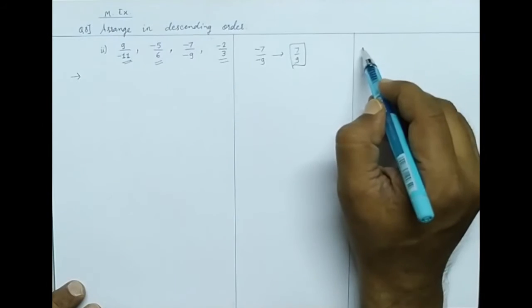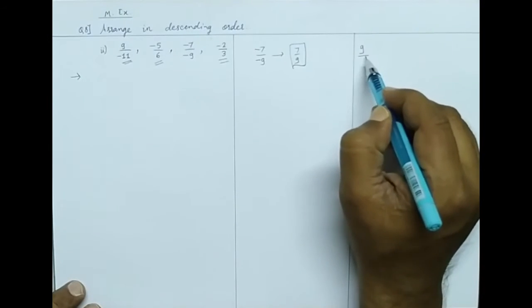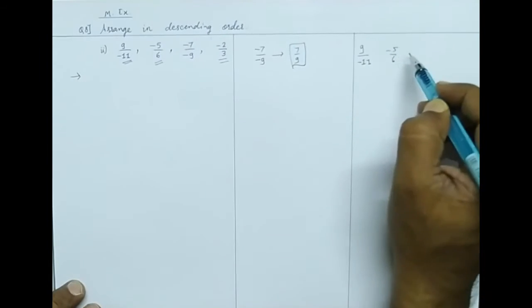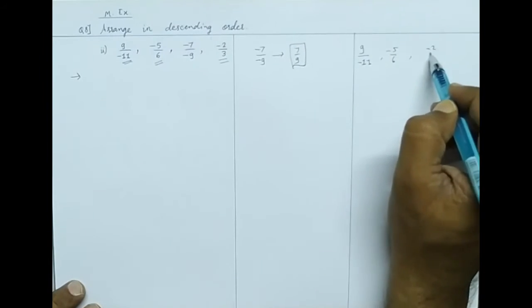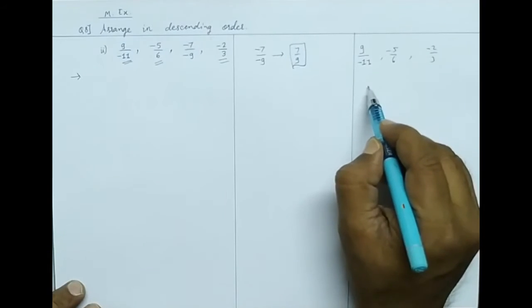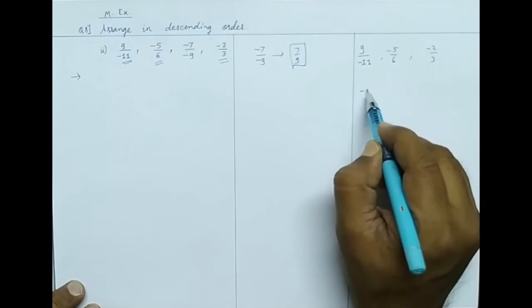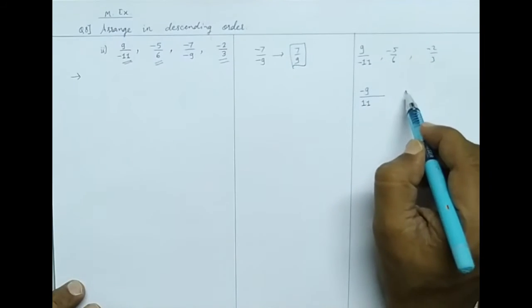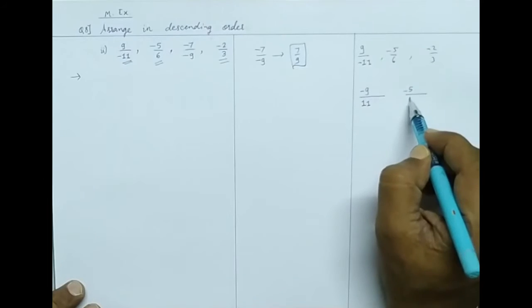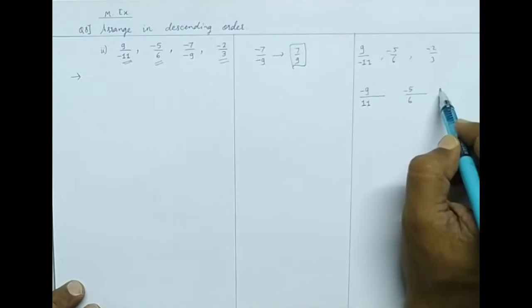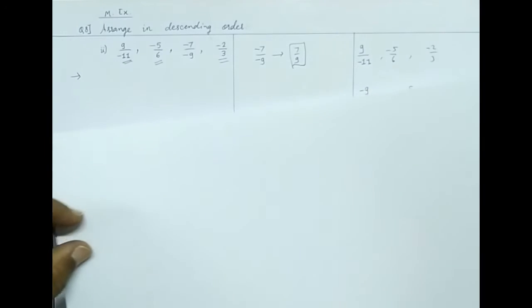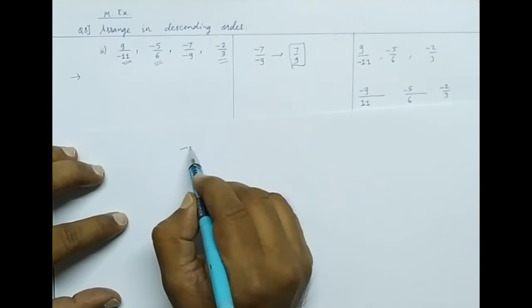Then we have to compare these three numbers: 9 upon minus 11, minus 5 upon 6, and minus 2 upon 3. Now if I take this minus 9 here, minus 9 upon 11, minus 5 upon 6, and minus 2 upon 3, better we solve in this. I shall write again once.